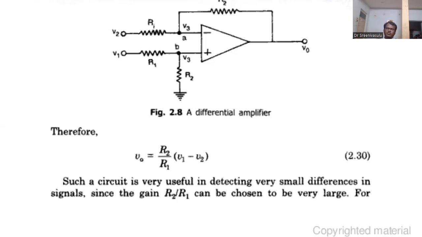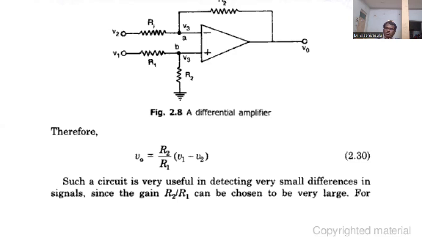In the second case, V1 is 100 microvolts and V2 is 50 microvolts. Again the difference is 50 microvolts. But in both cases, although the difference is only 50 microvolts, we do not get the same output.